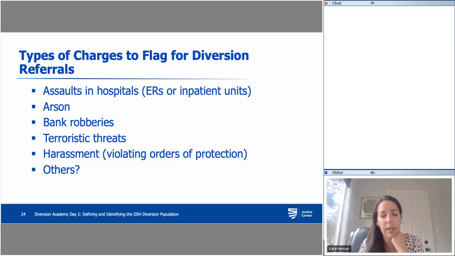Arson, I think Sarah might talk a bit more about arson. Again, not saying that everyone who commits arson has a serious mental illness or is a diversion eligible person, but it does seem like many cases of arson are committed by people with mental health issues. There's also, I think, a spectrum of arson. There's very severe arson where a building is burnt down or a giant wildfire started, or there's more minor arson, where someone may set a fire in a trash can because they're living on the streets and they want to keep warm.